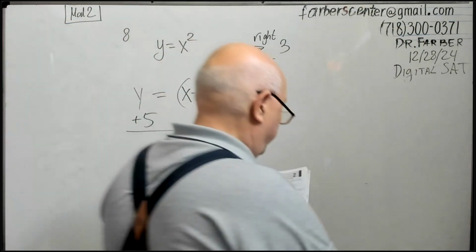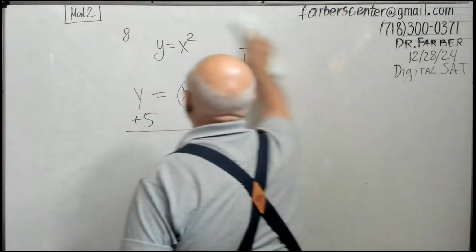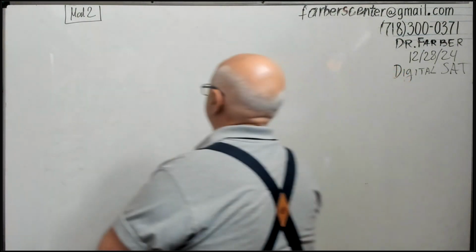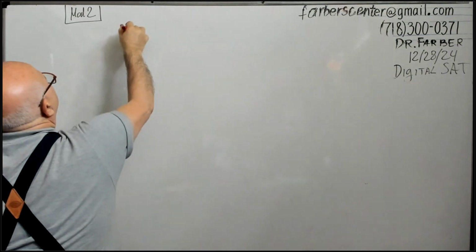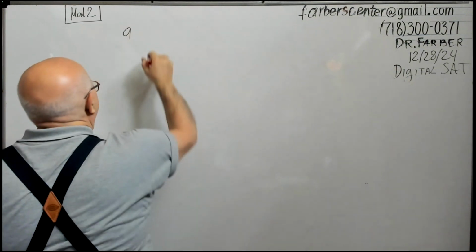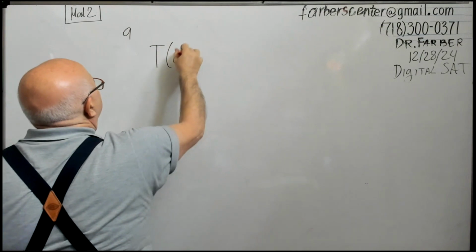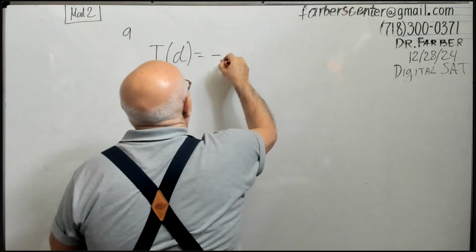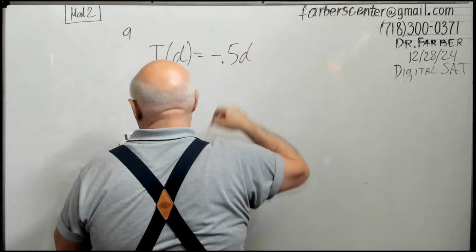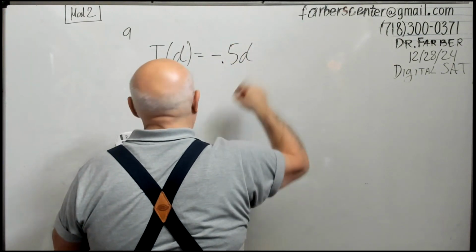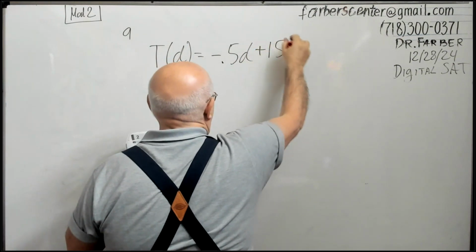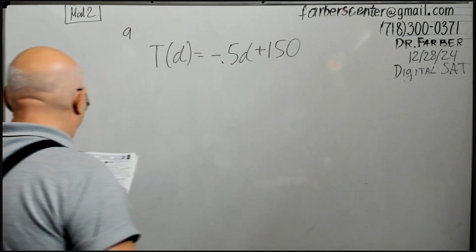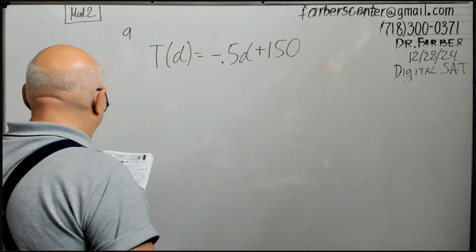Number 9. They give function T of d equals negative 0.5d plus 150, I believe. Temperature in Fahrenheit.